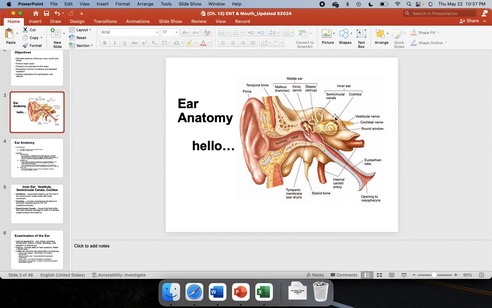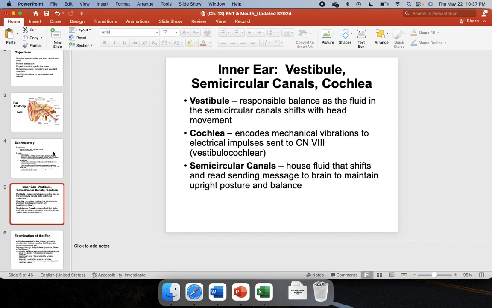So the vestibule, the cochlea, and the semicircular canals right in here. So you'll see this nerve, and this is cranial nerve number 8. As it comes down, this is where those mechanical signals are transmitted to electrical signals. Okay, so just a little bit more on this inner ear.